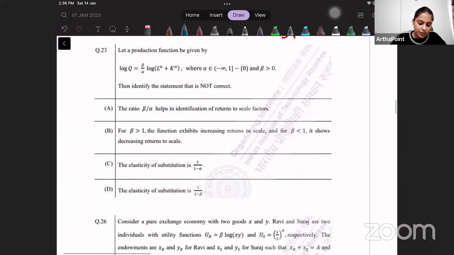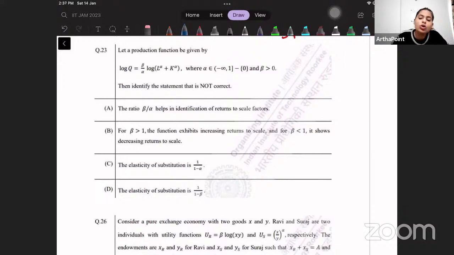Okay, now come to the next question. Again, very basic concepts like elasticity of substitution are getting tested. Which means that they are not going to test very difficult things, but they are going to test your logic. I'll tell you where logic is used here.